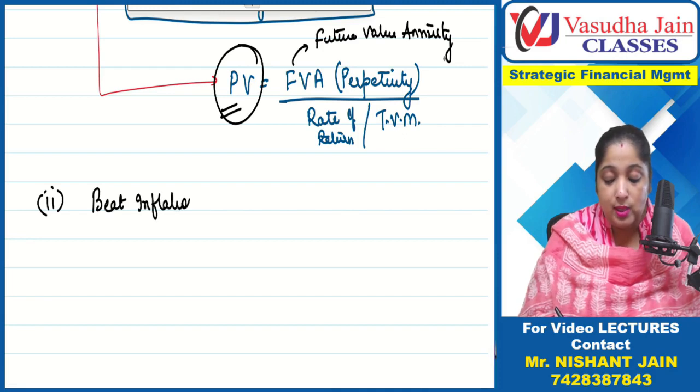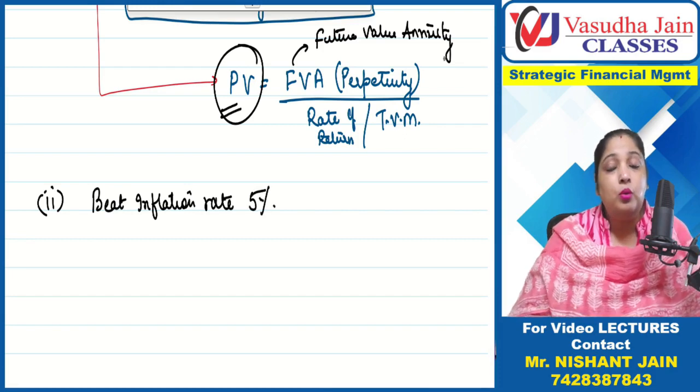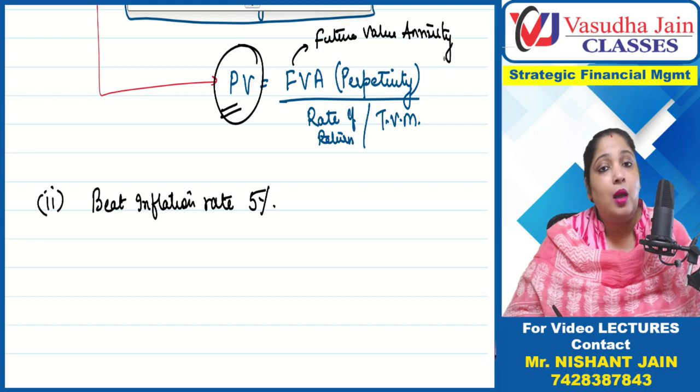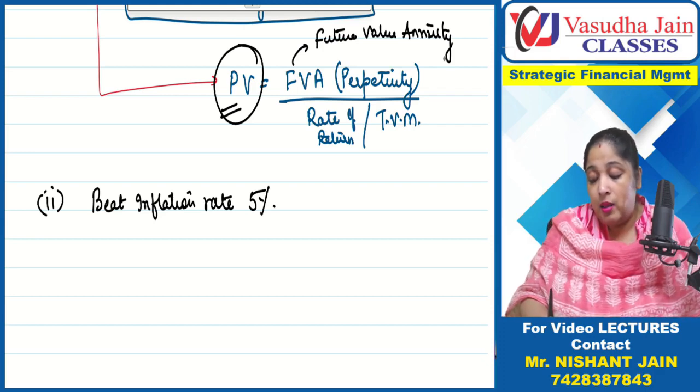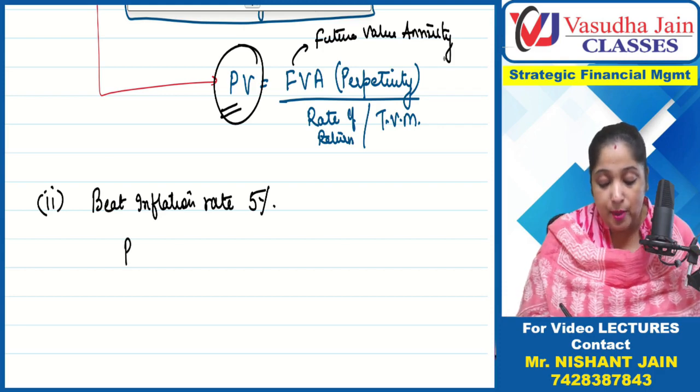I want to grow this money. Let us say inflation rate is, let's say, 5%. So I want that every year the bank does not just give me 1 lakh, it gives me increasingly. I want my perpetuity to grow.